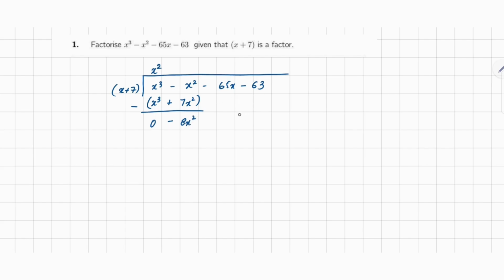We can bring these terms down. We have minus 65x minus 63. We need an 8x squared term, so we have minus 8x. That gives us x times minus 8x, so that's minus 8x squared, and minus 8x times 7, that gives us minus 56x.